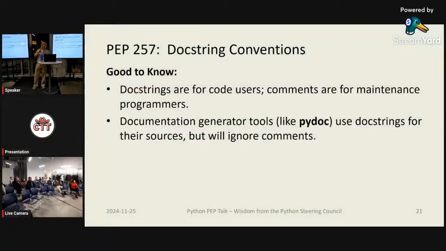Now, one of the things that PEP 257 doesn't do is specify markup. Plain text documentation is often inadequate. Developers have clamored for a canonical markup language. So the Python Steering Council struck a committee to come up with some recommendations, and they rejected a whole bunch.